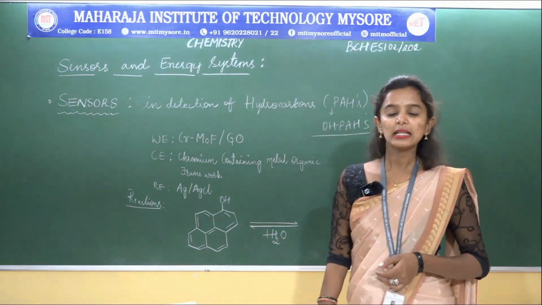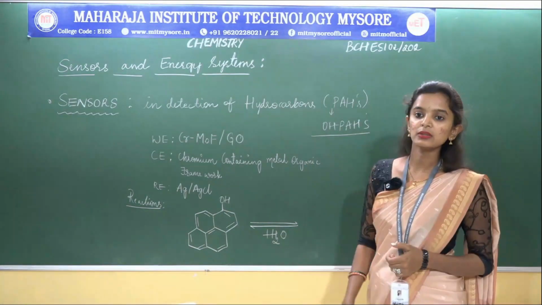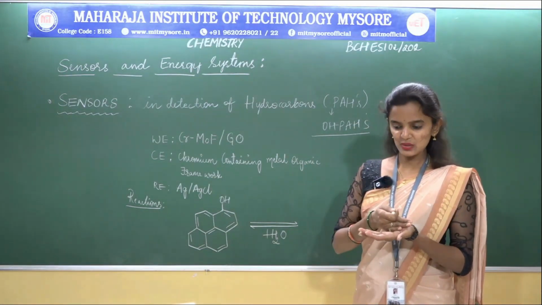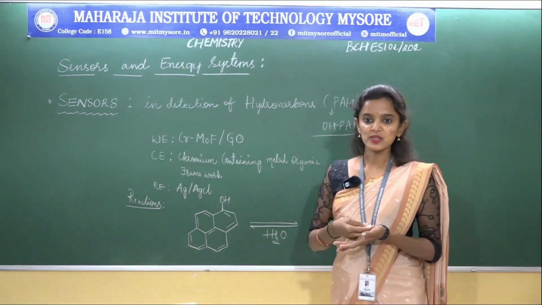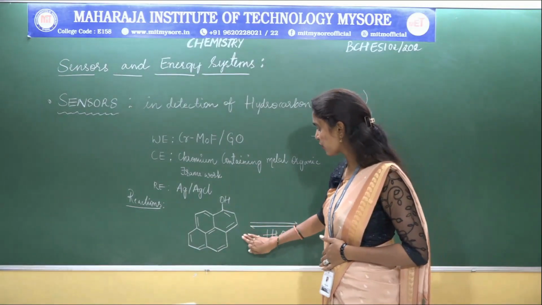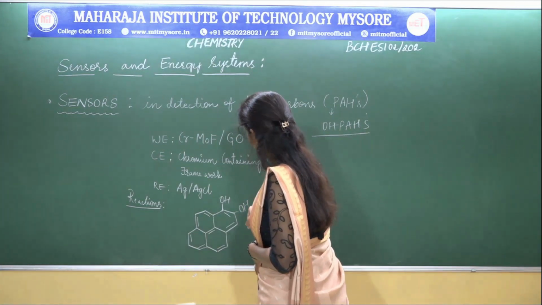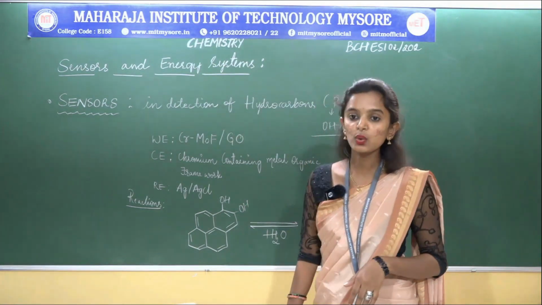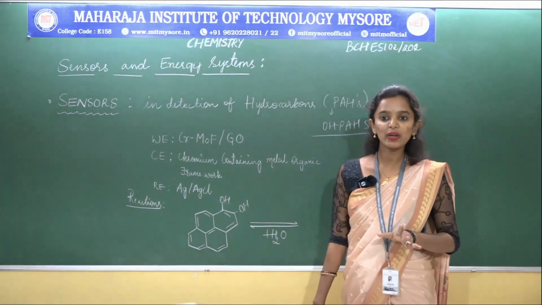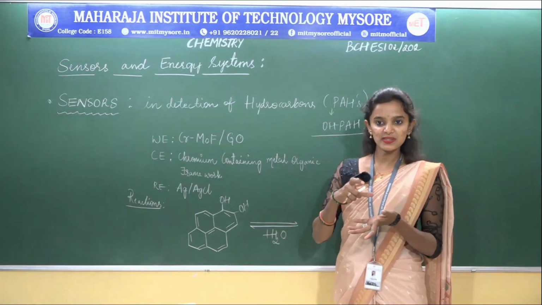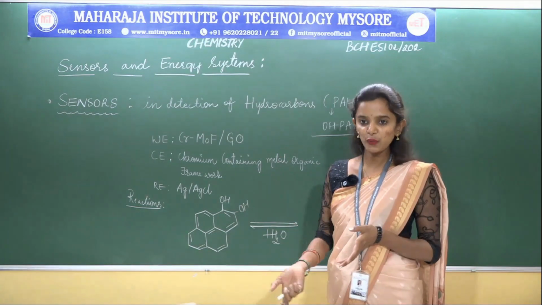Now, coming to the working of our electrochemical sensor in detection of hydrocarbon, when a sample containing 1-hydroxypyrene is put in the sensor, oxidation of 1-hydroxypyrene occurs on the surface of the sensing electrode, and the reaction on the electrode surface causes the current to flow.